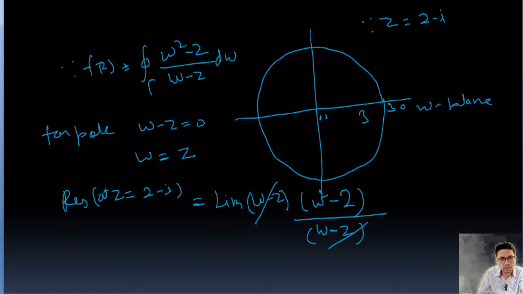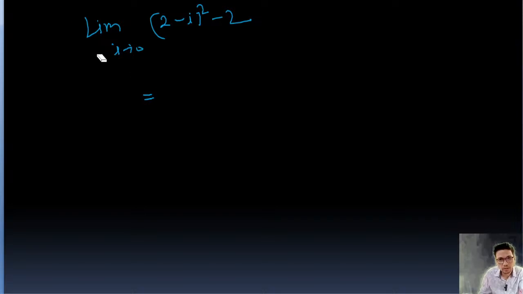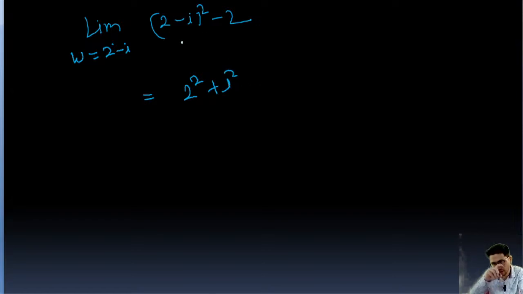I made a mistake. So this is w tends to z. Okay, this is w tends to z, and this is going to be w tends to 2 minus I. So we have put the value. So this value is going to be 2 square plus I square, we are opening it as a whole square, minus 4I minus 2.